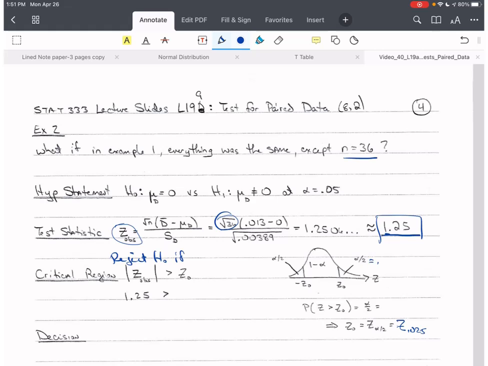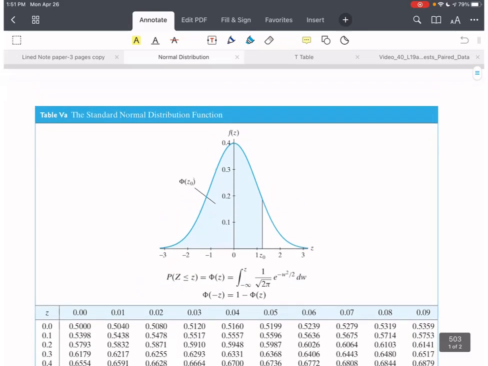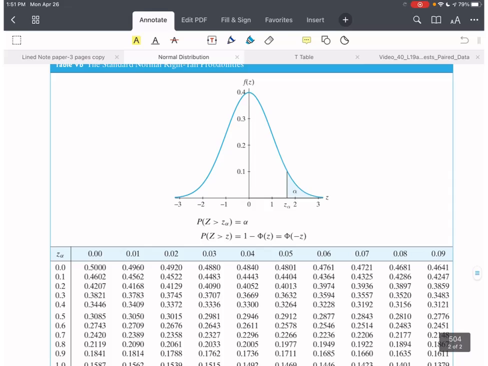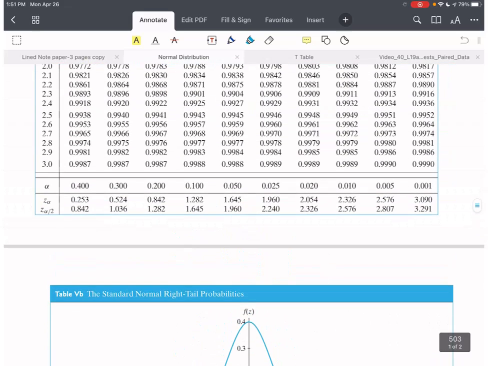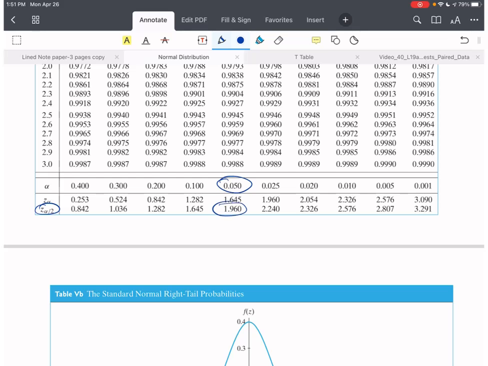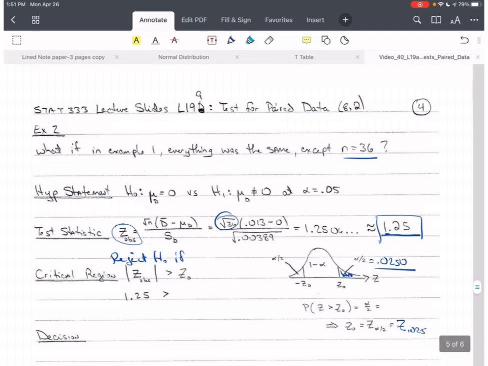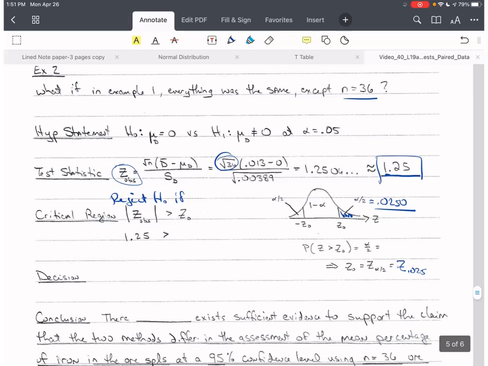Or we could look in the table where we're looking at critical values at the bottom of this first page. And so 0.05 is here, and z of alpha over 2 is going to be 1.96. Okay? That's a fast way to find it.